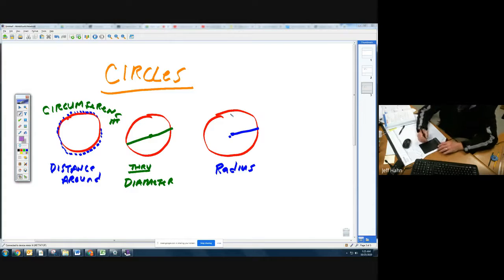No, they're not brother and sister, but they are related. The radius is half of the diameter.